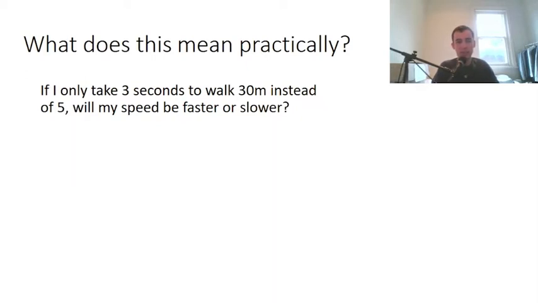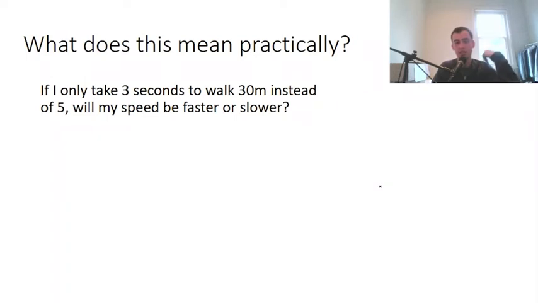If I only take 3 seconds to walk 30 meters instead of 5, will my speed be faster or slower? So I've kind of just answered my own question there. If I only take 3 seconds, I must be going faster. You know the world record 100 meter time is 9 seconds and something.